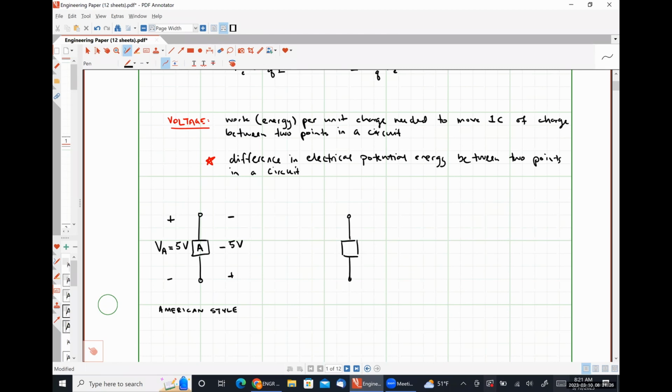Okay. So we have our same generic circuit element A. We have the same magnitude of 5 volts, but in the European style, they represent their polarity with an arrow, where the head of the arrow is the positive polarity terminal, and the tail of the arrow is the negative polarity terminal.